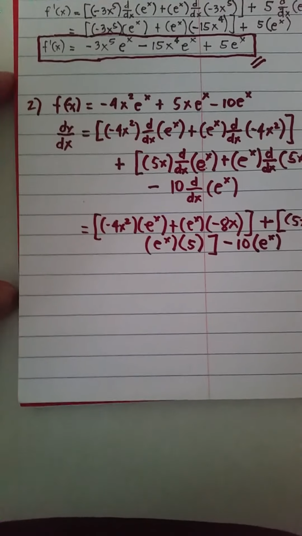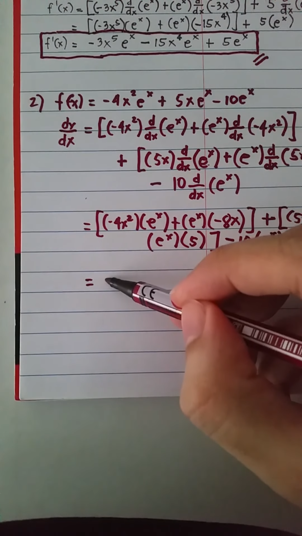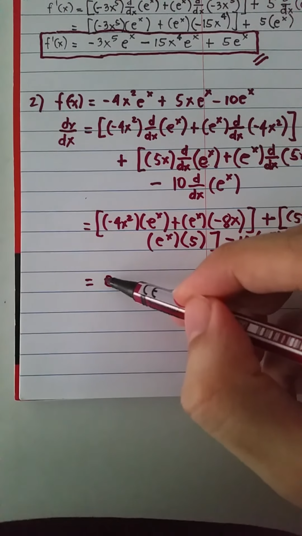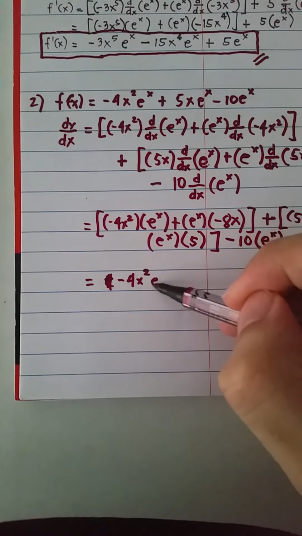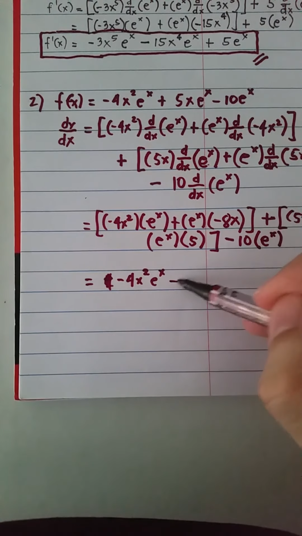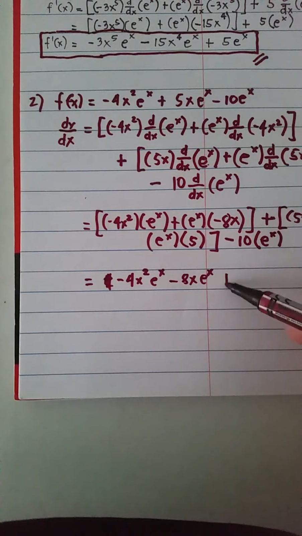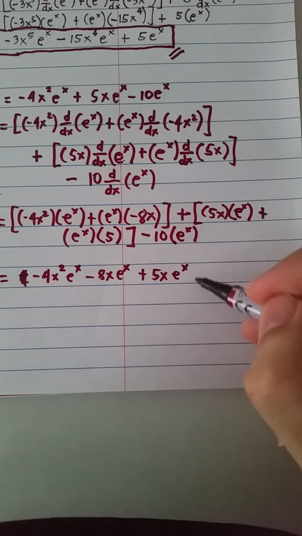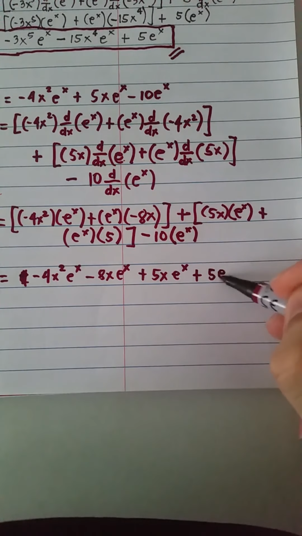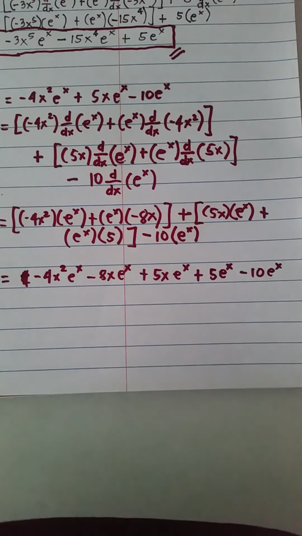Now we simplify. So this is negative 4x squared e to the x, this is negative 8x e to the x, then we have plus 5x e to the x, and this one is plus 5 e to the x, and this is negative 10 e to the x.